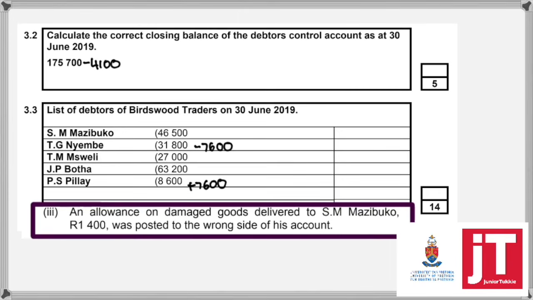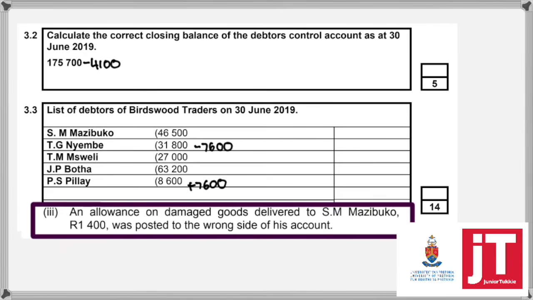Looking at our third transaction, an allowance on damaged goods delivered to Masibuku, 1,400 was posted to the wrong side of his account. This is the one that's always a little bit more challenging that you need to be careful of. Because why? Number 1, we have posted it to the correct debtors account, but to the wrong side.